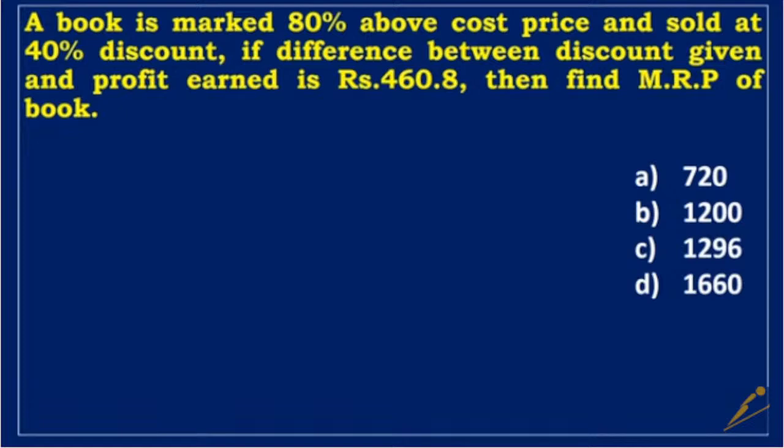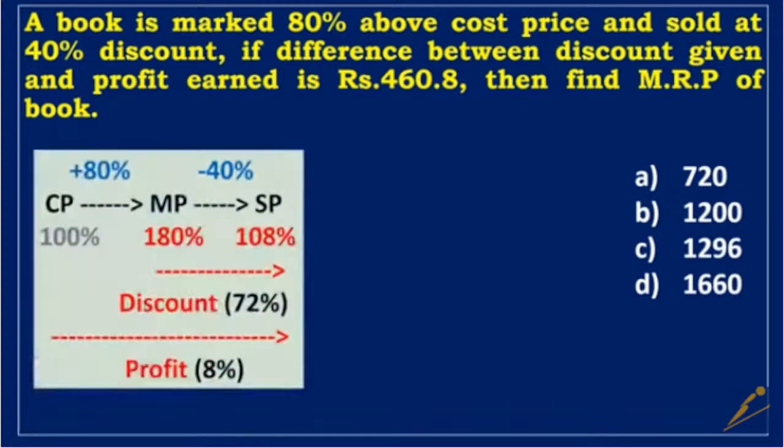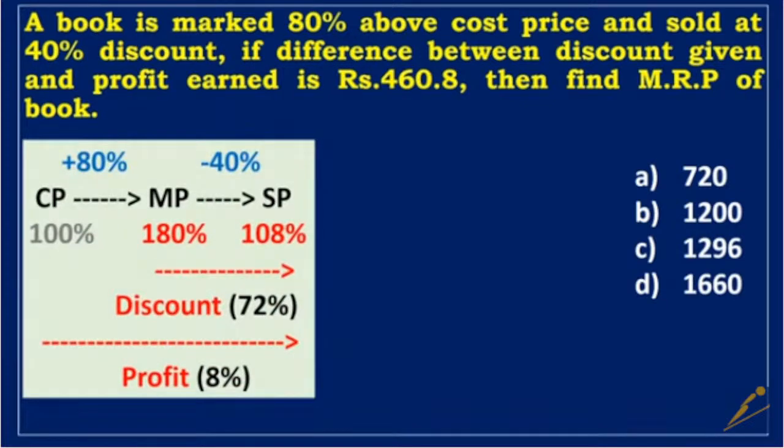A book is marked 80% above the cost price and sold at a 40% discount. If the difference between the discount given and the profit earned is rupees 460.8, then find the MRP of the book. Let's assume the cost price of the book is 100%.